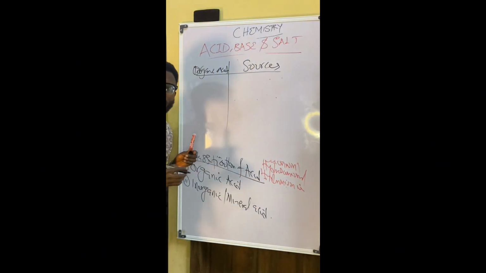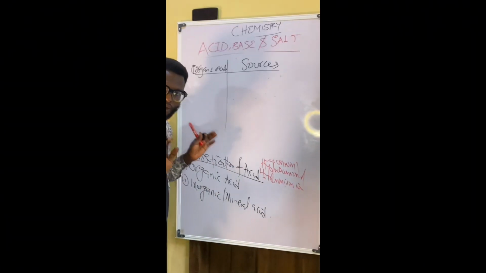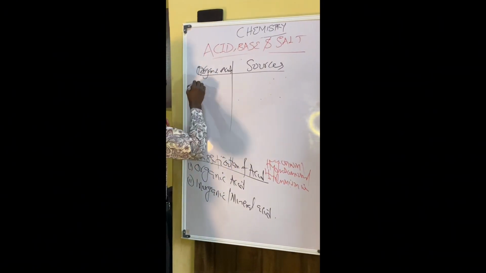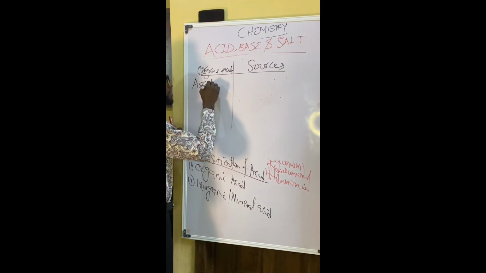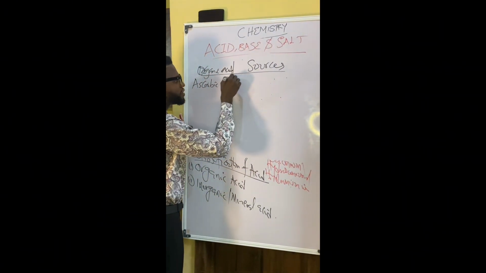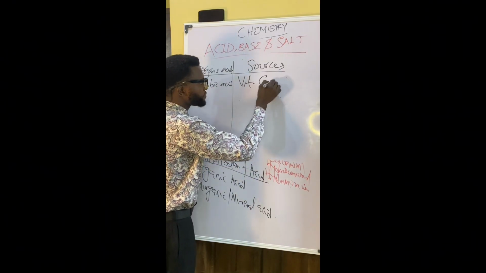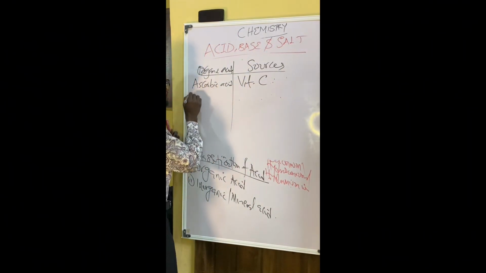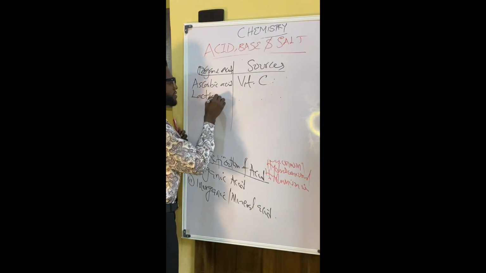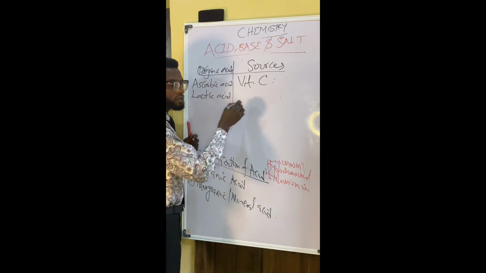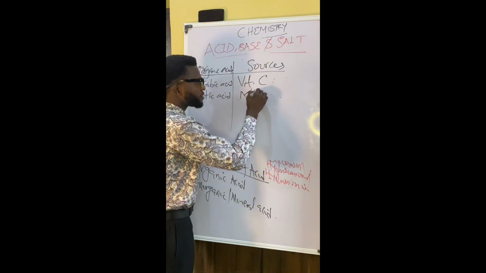Why do we call them organic? Because they are gotten from plants or animals. For example, we talk about ascorbic acid, rightly gotten from vitamin C. We talk about lactic acid, gotten from milk.